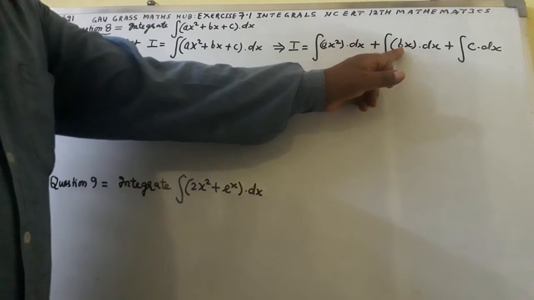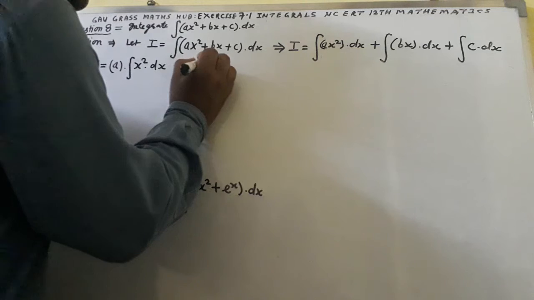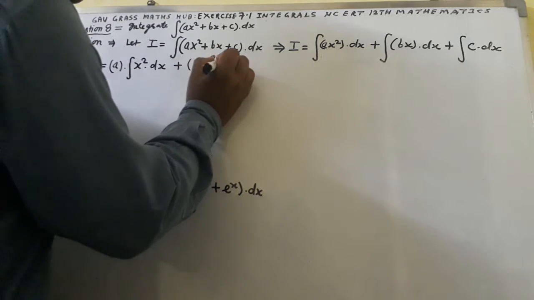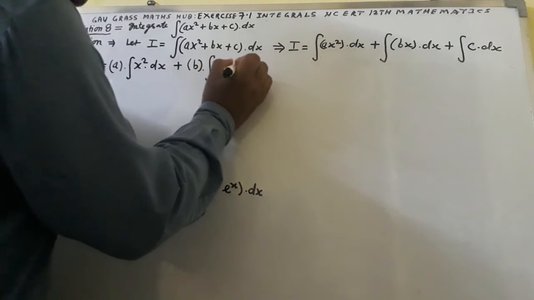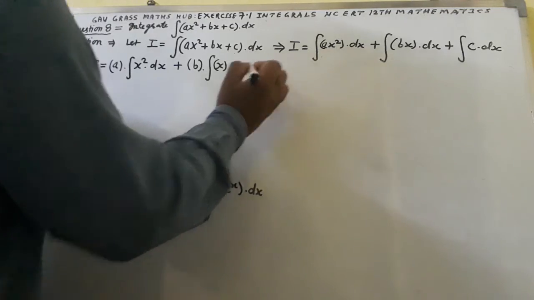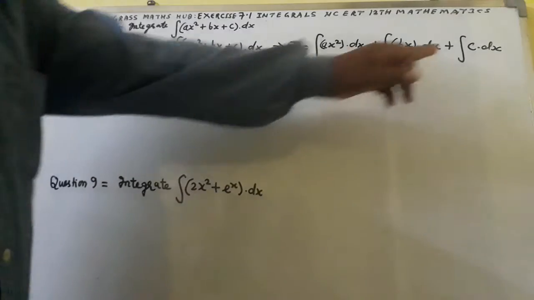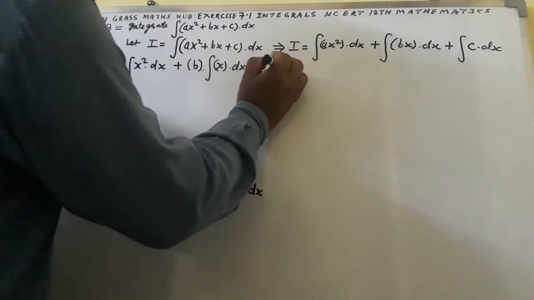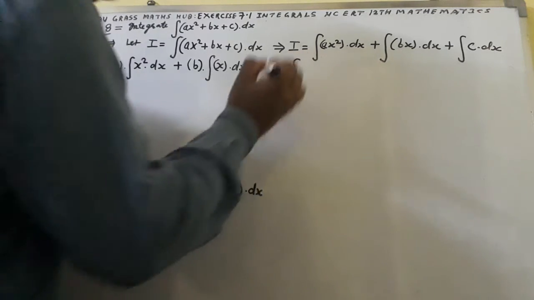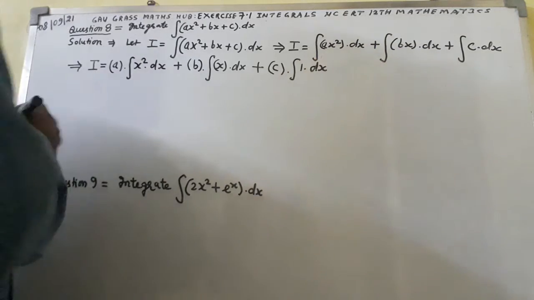Therefore b will be popped out. So here write b dot integral x dx, plus here c is a constant multiplied to dx. C will be popped out: dot integral 1 dx I shall write.